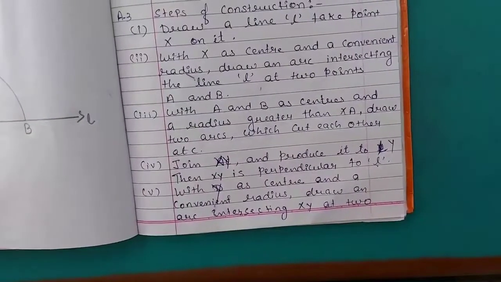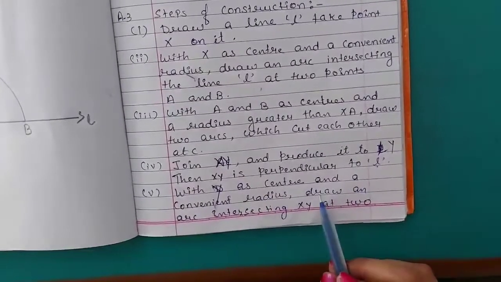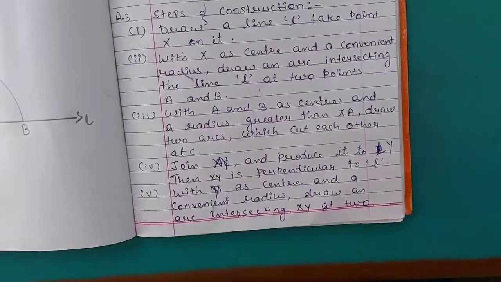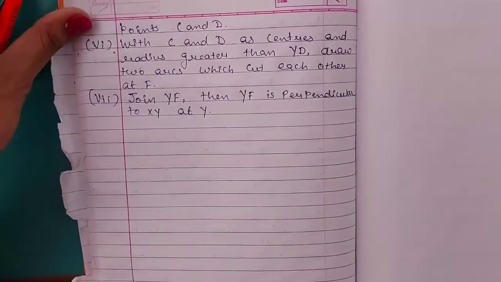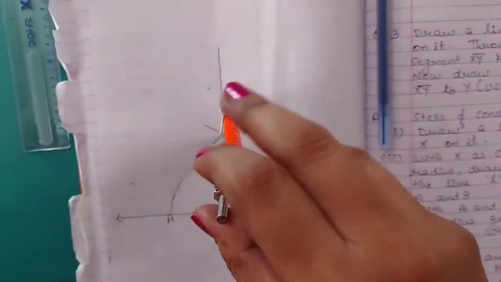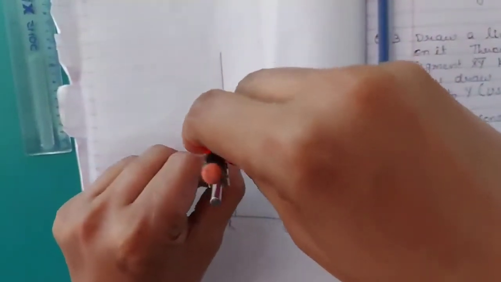Now we will follow the same steps again. With Y as the center and a convenient radius, draw an arc intersecting XY at 2 points, and those 2 points are C and D. So let us draw this. So students, this we have drawn with Y as a center.